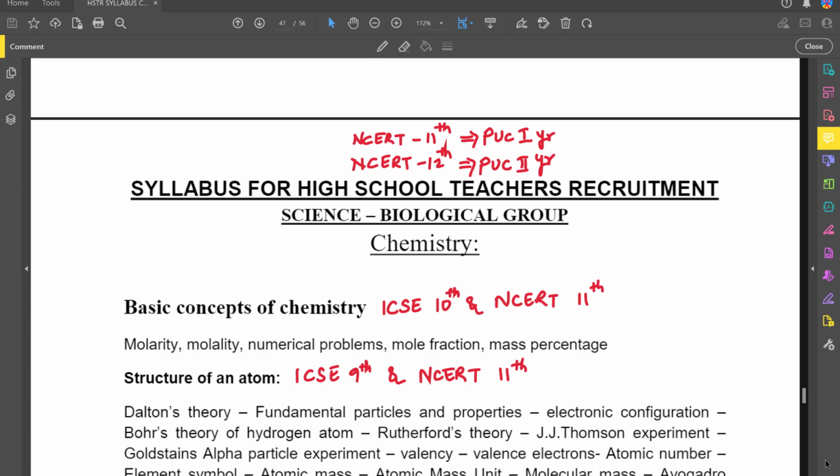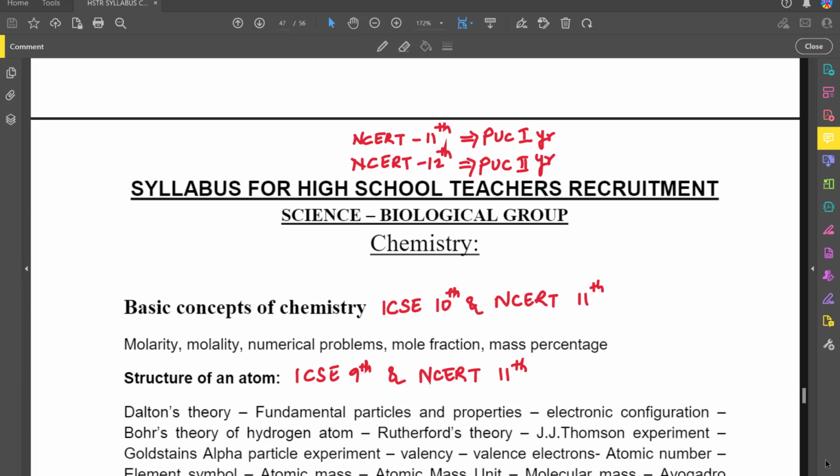Now this is the PDF file of the HSTR 2015 syllabus. Because the notification is yet to come, we are believing that this will be the syllabus for HSTR this time also, because there is not much to change.